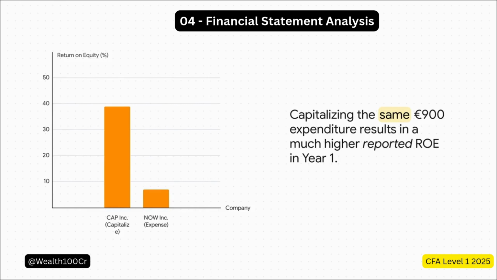And the ripple effect on key ratios is just wow. Because Cap Inc. has higher reported income and higher equity, its return on equity looks amazing, 39%. Meanwhile, Now Inc., which is doing the exact same thing in the real world, reports a measly 7% ROE. If you didn't know better, you'd think Cap Inc. was a way better company.